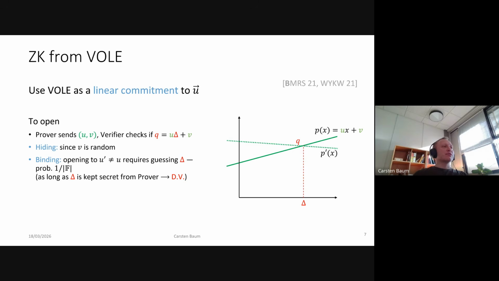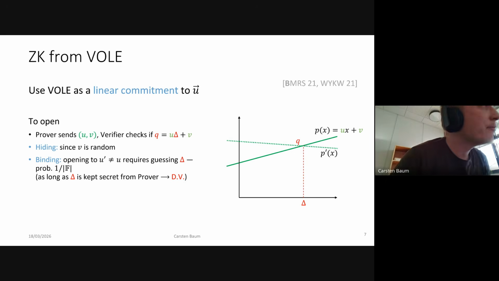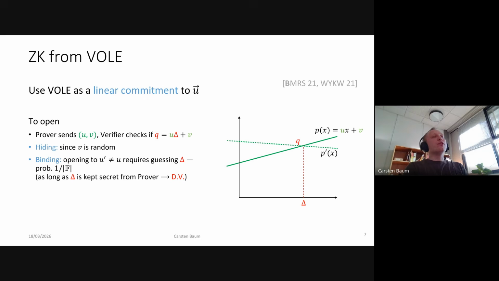At the same time, it's also binding, and this is just good old Schwartz-Zippel, as it's been used everywhere. If I don't know the point at which the verifier has the evaluation of the polynomial, the moment I use a different secret, I get a different polynomial, and that's only going to agree with the polynomial I started with in one point, because two lines, if they are not identical, only intersect in one point.